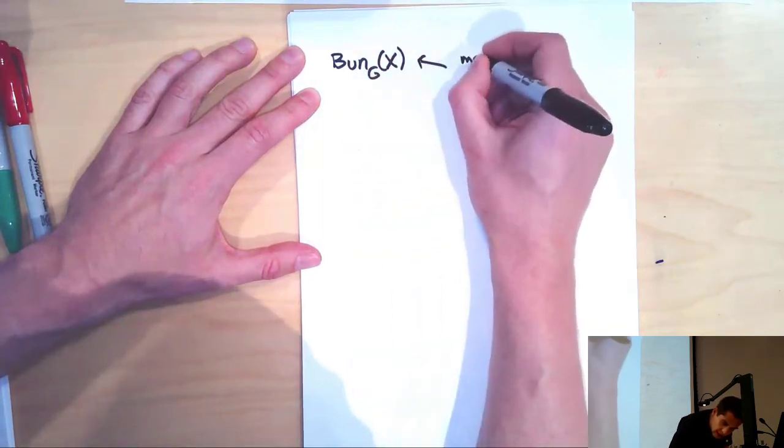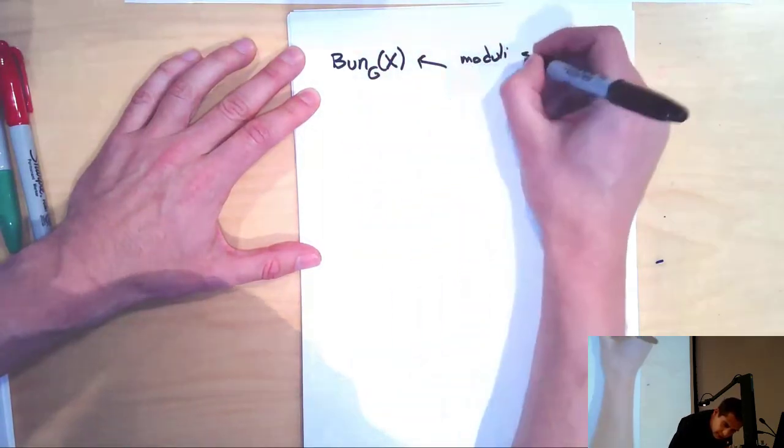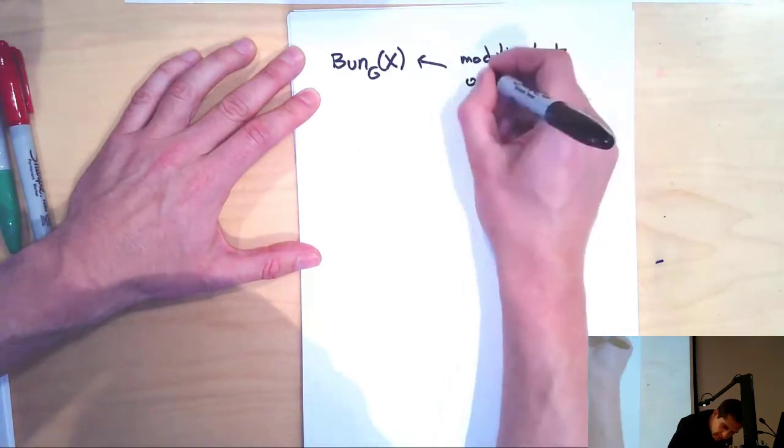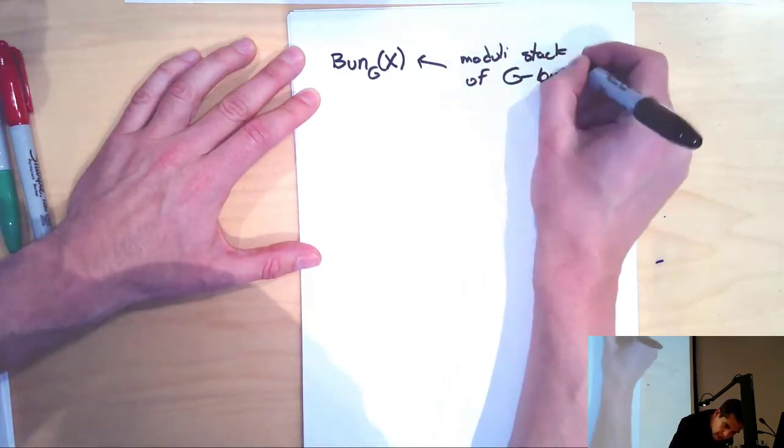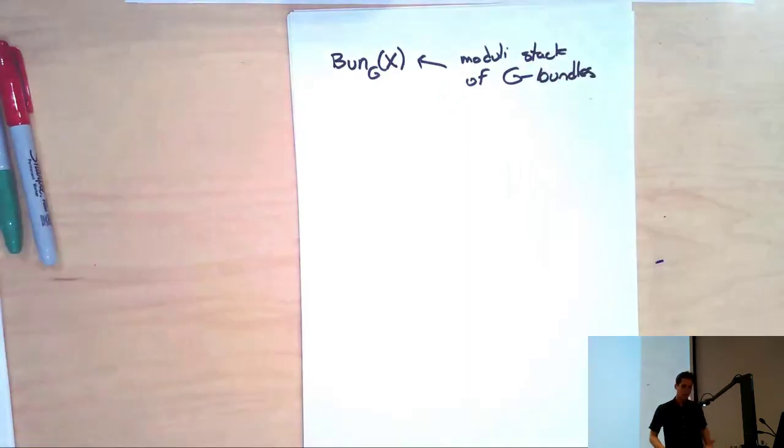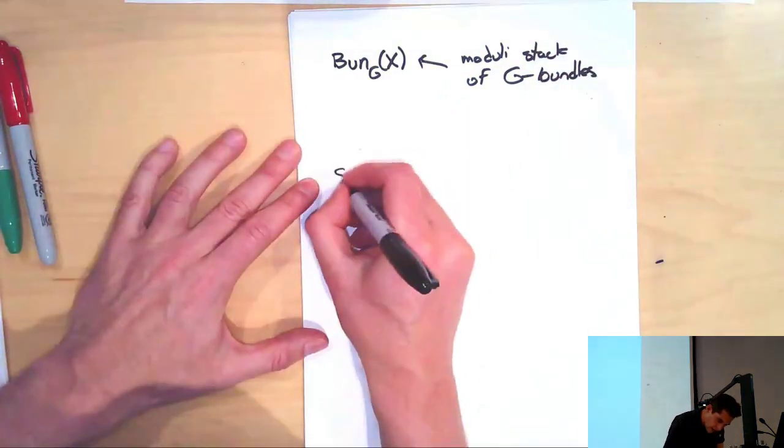This is called the moduli stack of G bundles. So what is it?